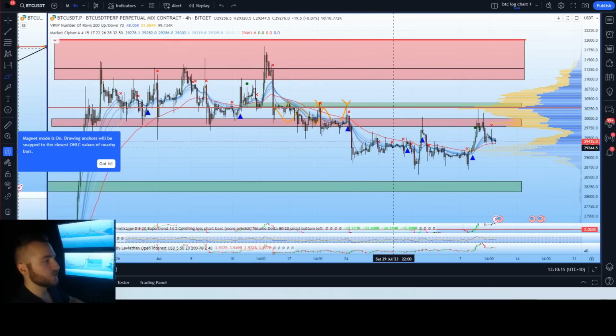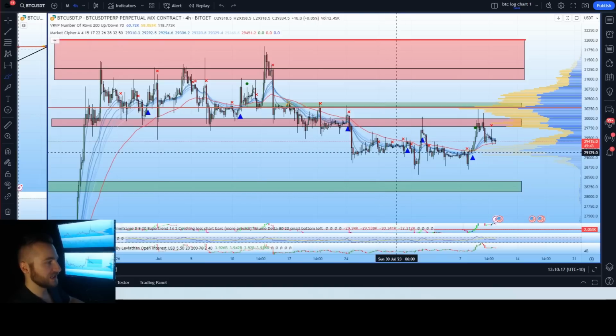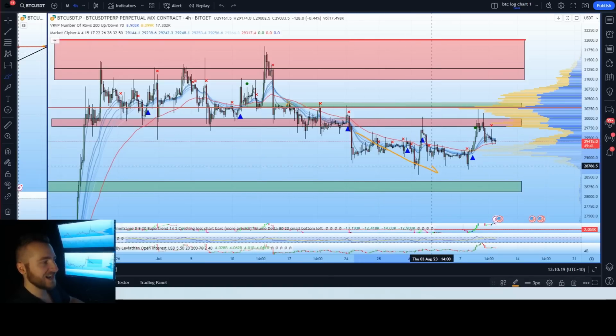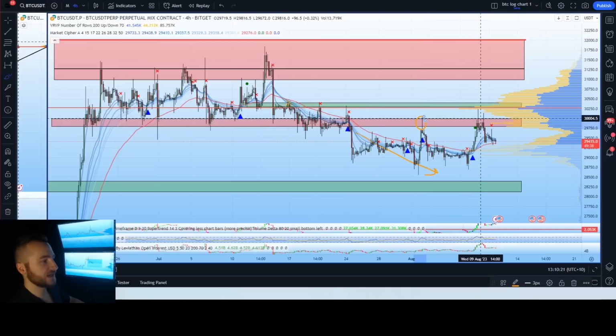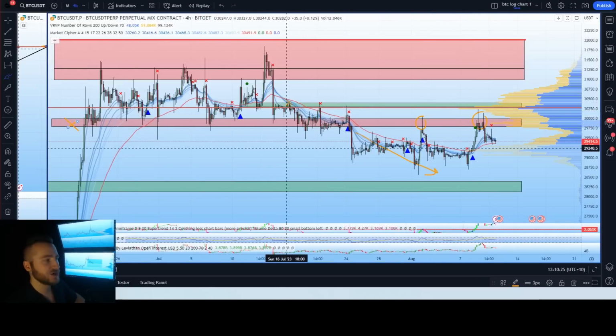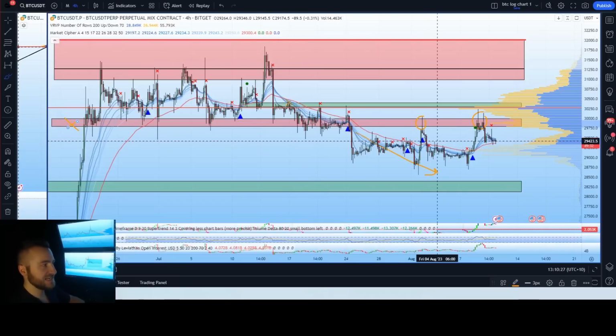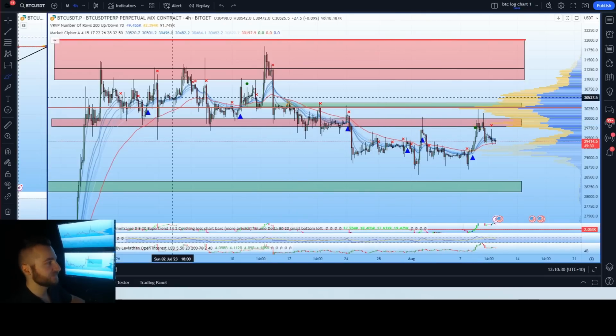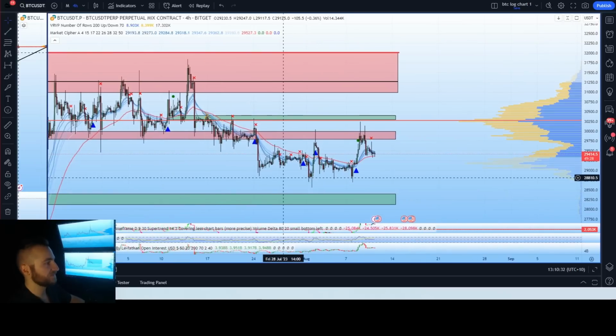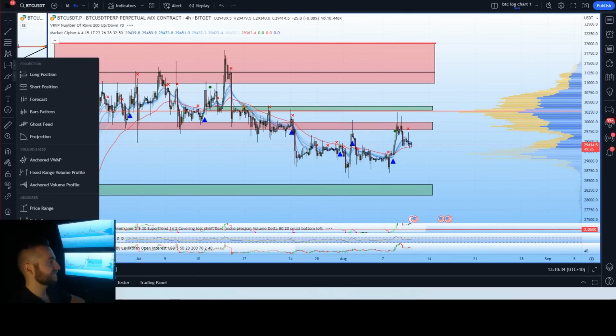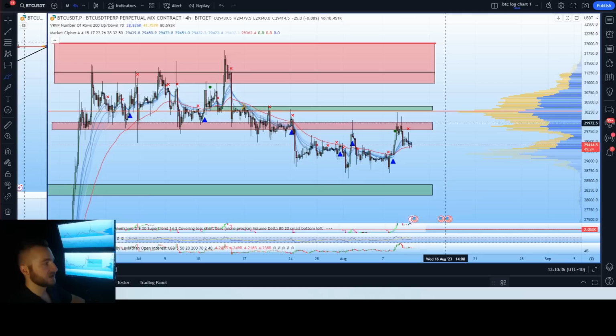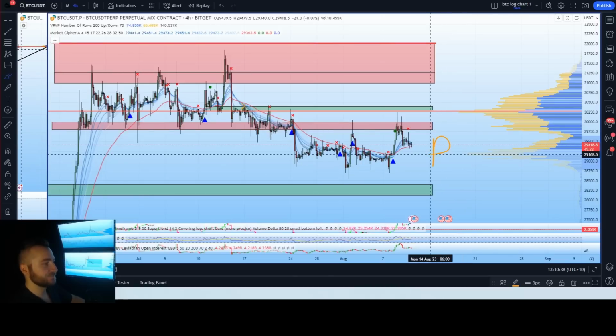Ever since then, we have been slowly but surely grinding slightly downwards with some larger wicks back into this horizontal resistance at 29.8 to 30k. So if we're taking a look at the overall narrative of the trend right now in the smaller time frame, we can clearly identify the overall strength. Right now, we are daily bearish, right?